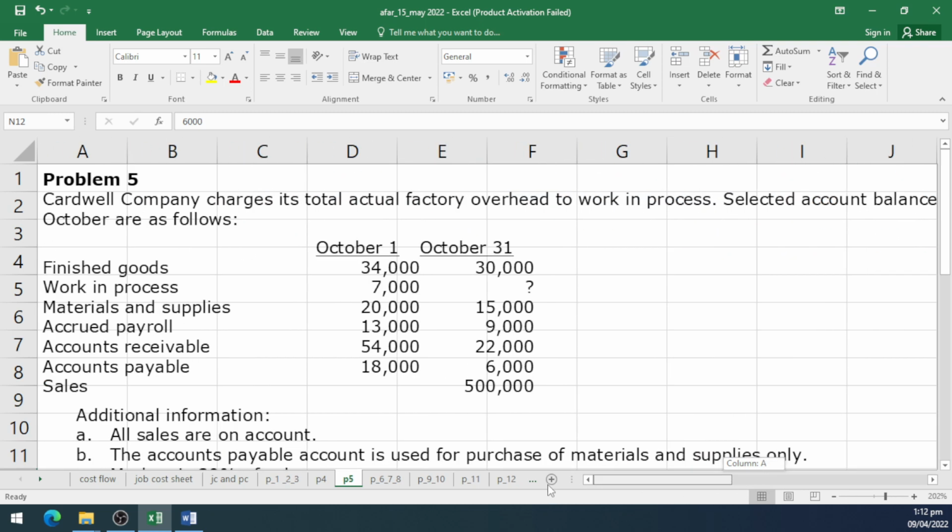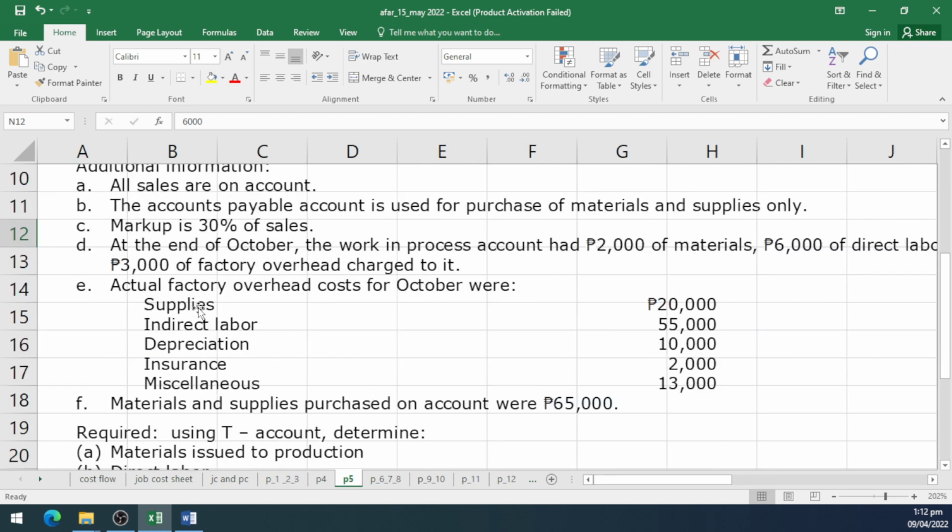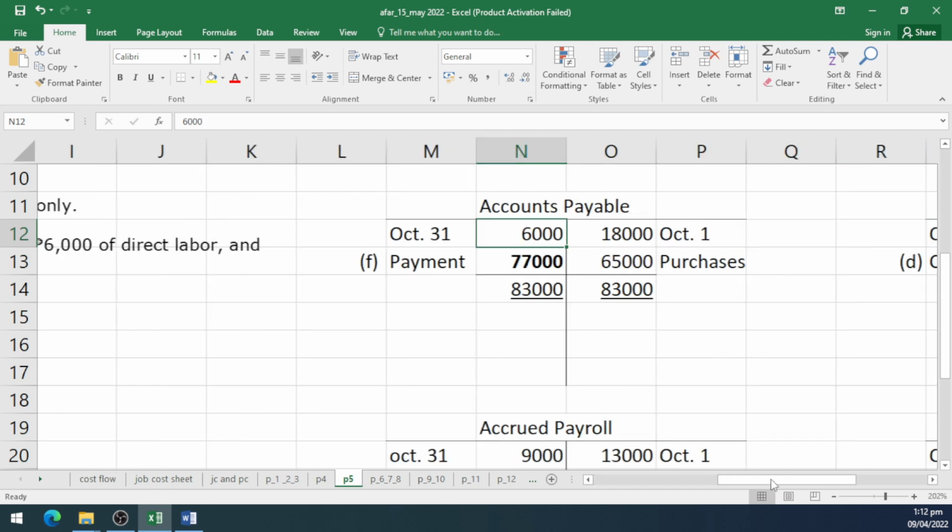In information letter E, ito po yung total factory overhead. 20,000 supplies, indirect labor 55, depreciation 10,000, insurance 2,000, and then miscellaneous overhead 13. So, ang total po niyan, 100,000. 20, 55 plus 10, that's 85 plus 2 and 13. So, that's 100,000. Ayan.